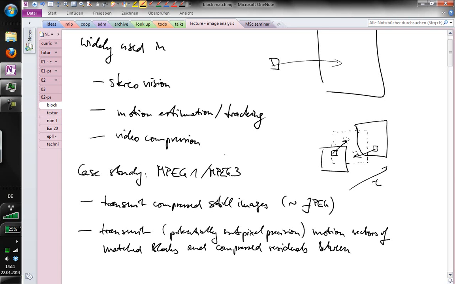So on the encoding side, you can compute the residual between the actual frame that you want to transmit and a frame that you obtain by simply explaining it in terms of motion vectors with regard to a preceding or subsequent frame. So let me call this the motion reconstructed frame.